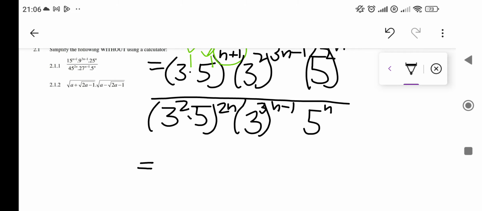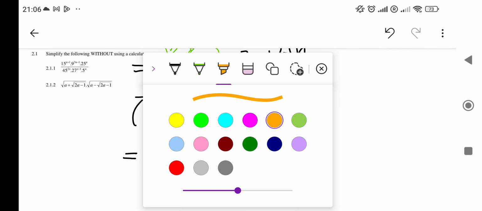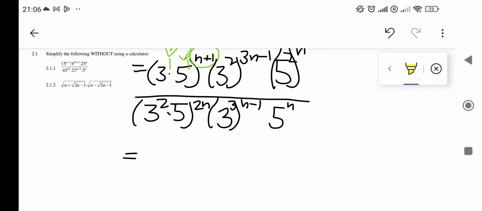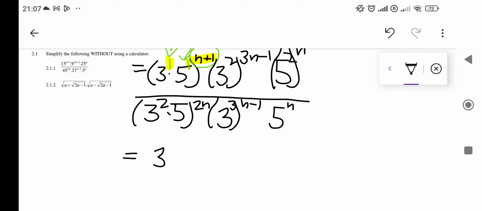As we've mentioned, this n plus 1 as our exponent over here is going to multiply with that one as well as with that one. So let's see what we get. We will have 3 to the power of n plus 1 and plus 1, as well as 5 to the power of n plus 1.